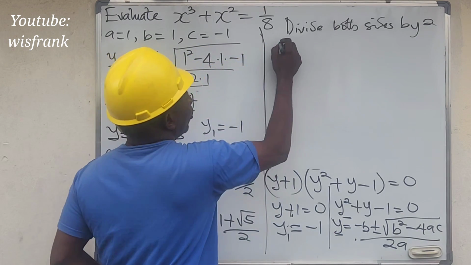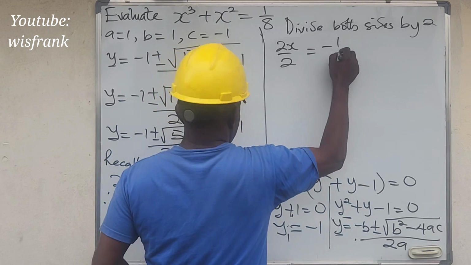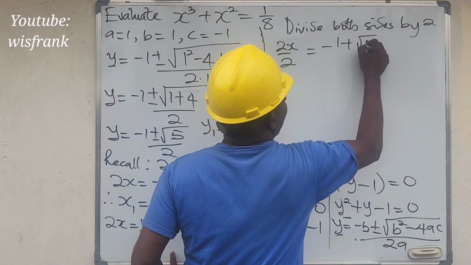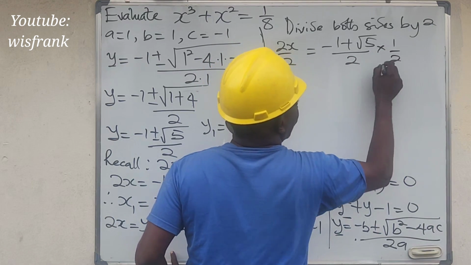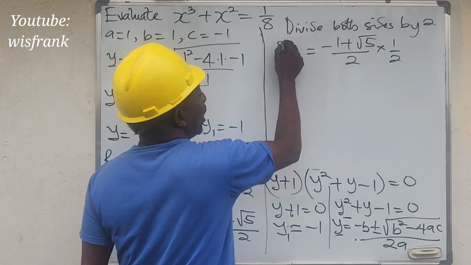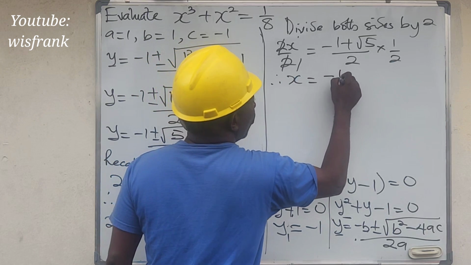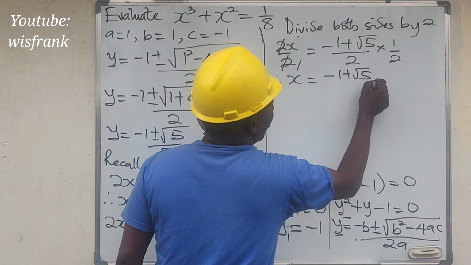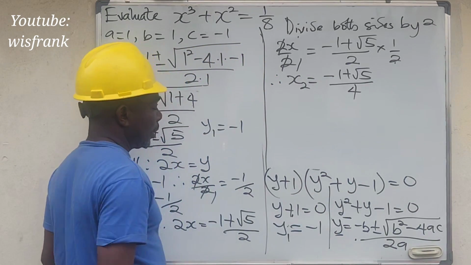So 2x all over 2 equals minus 1 plus the square root of 5 all over 2, times 1 all over 2. The 2 cancels here and here. Therefore, x equals minus 1 plus root 5 all over 2 times 2, which is 4. So this is the second value of x that we have.